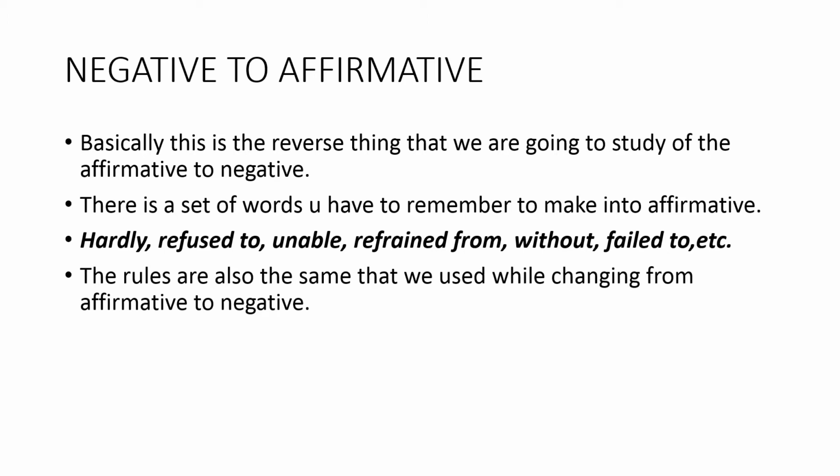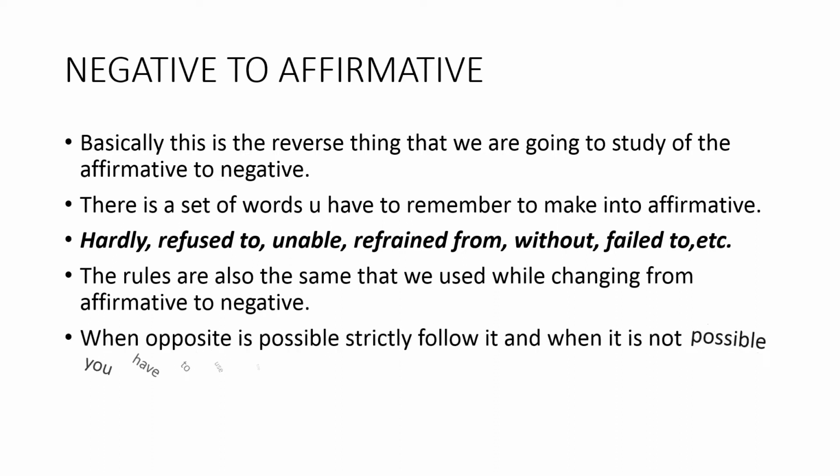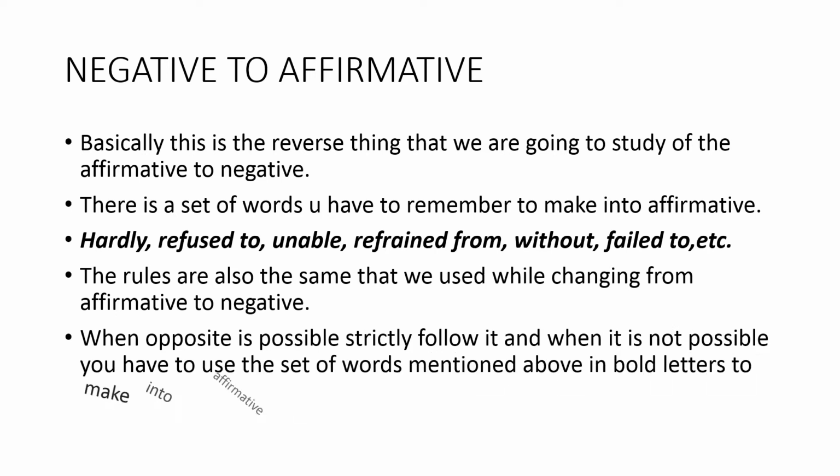Only thing is now we will have to make use of this set of words which I have put in bold and italics. When opposite is possible you have to strictly follow it, and when opposite is not possible you have to use the set of words mentioned above in bold letters to change into affirmative. This, children, you have to remember.